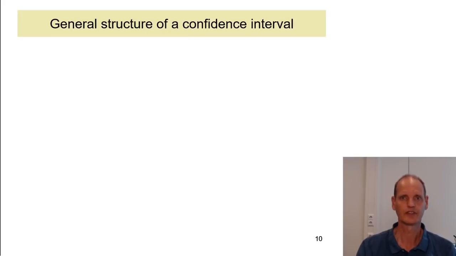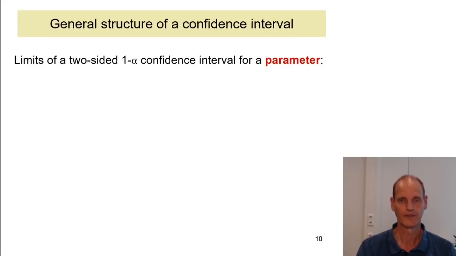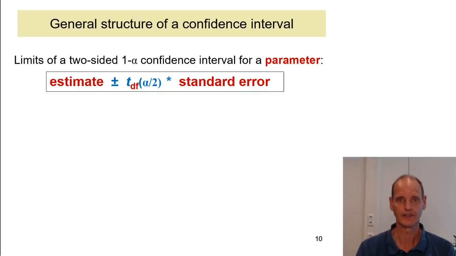Well, what is the general structure of a confidence interval? So this is the second learning goal. The limits of a two-sided 1 minus alpha confidence interval for a certain parameter are given as follows.